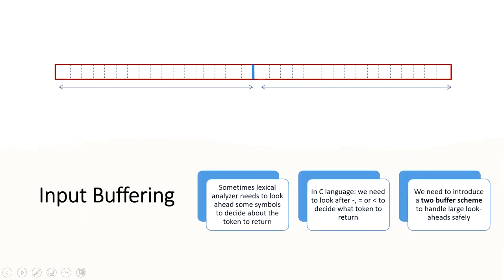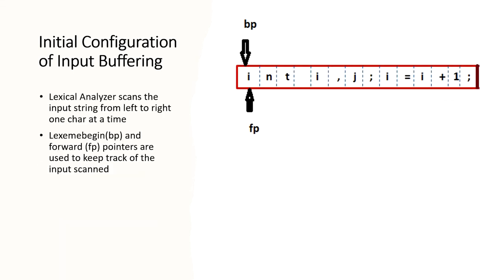So this is a sample buffer. The initial configuration of input buffering: the lexical analyzer, while scanning, has two pointers, lexeme begin (BP) and forward pointer (FP). Initially, both pointers point to the first character of the input string.